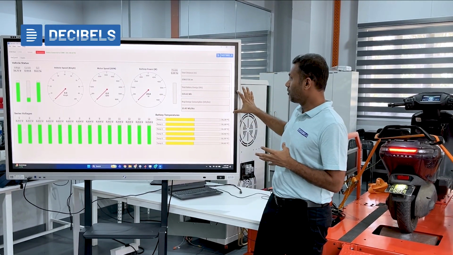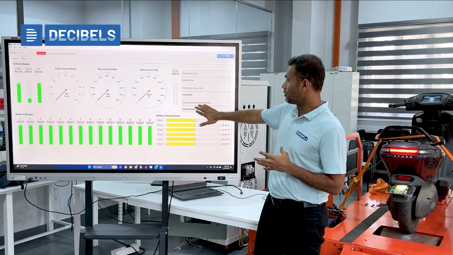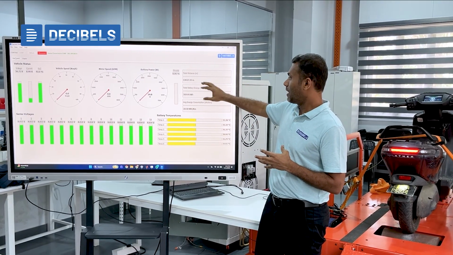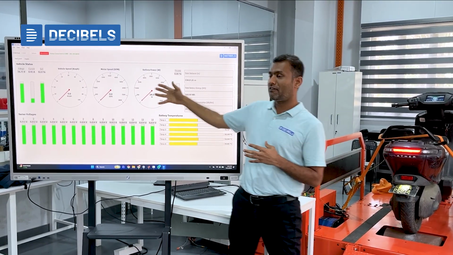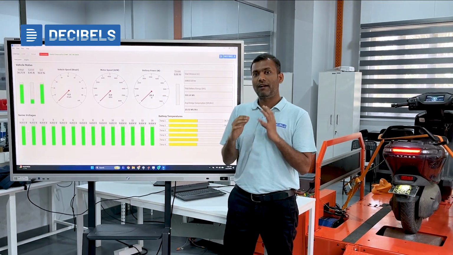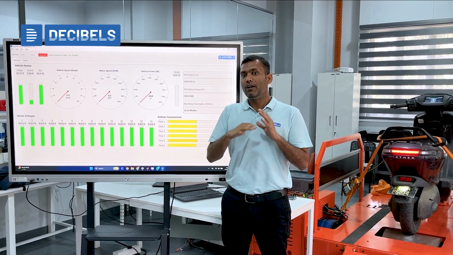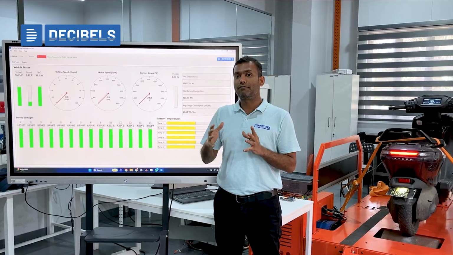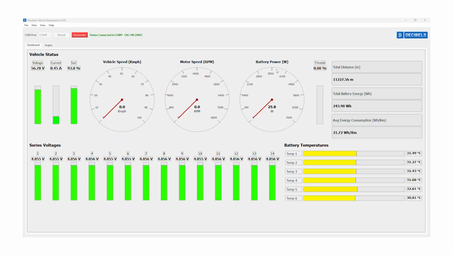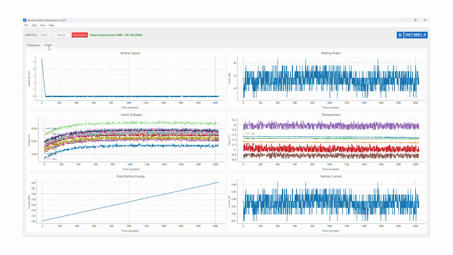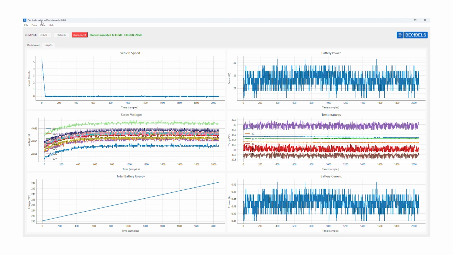In that way, you get the calculation of energy consumption per kilometer, the battery power, all of which are functions. So this, at a fundamental level, helps the learner lay a very clear foundation to know how the vehicle parameters, battery parameters or any other parameters correlate to each other.